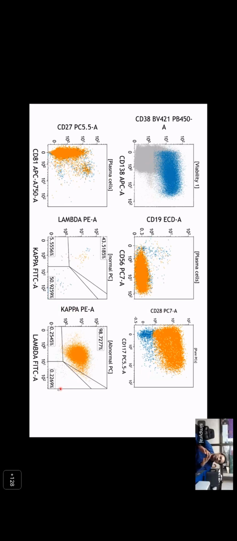Which means there are abnormal clonal plasma cells. Abnormal because there is aberrant expression of markers like loss of CD19, overexpression of CD56, CD28, and CD117, and loss of CD27 and CD81. And clonality because almost 99% show kappa light chain expression, cytoplasmic or intracellular.